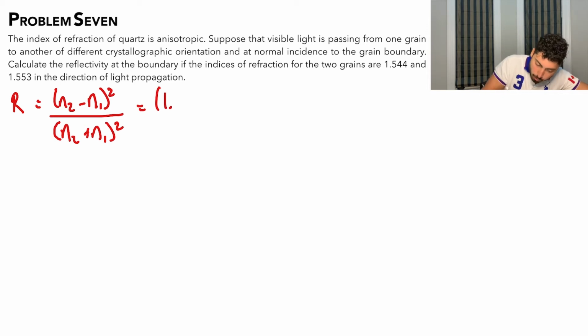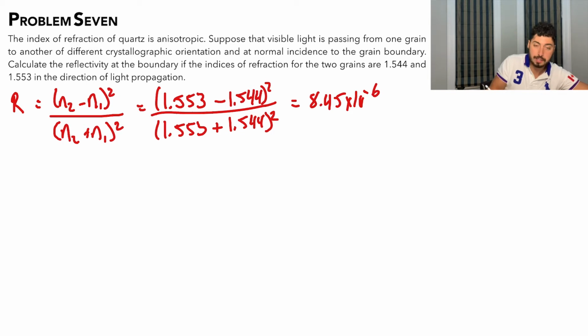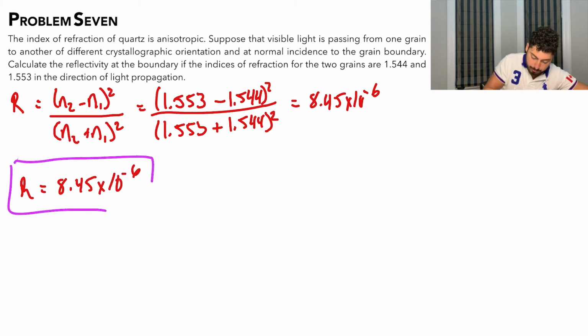So we can say that (1.553 minus 1.544) squared divided by (1.553 plus 1.544) squared is going to yield us a value of 8.45 times 10 to the minus 6. So for this system, we can say that the reflectivity is equal to 8.45 times 10 to the minus 6. And that's all we have to do for problem number 7.